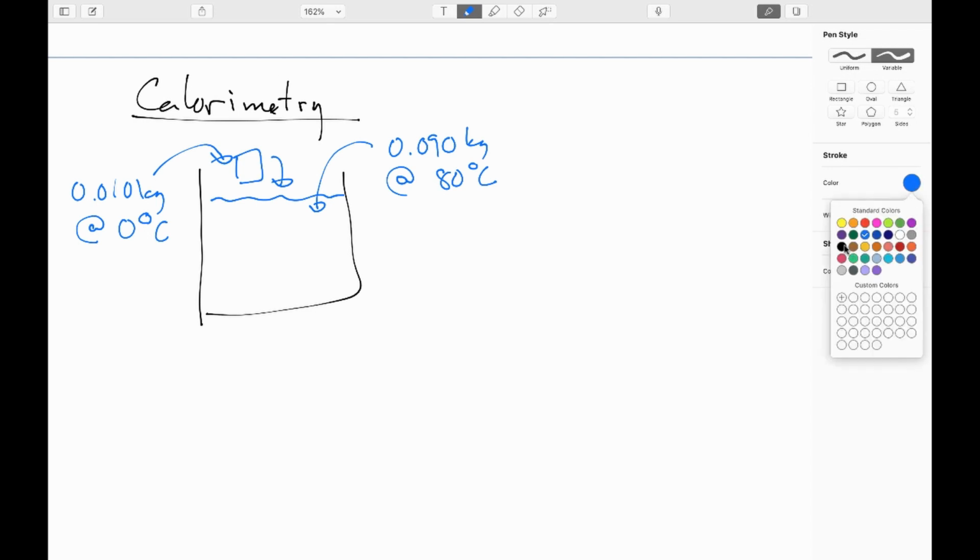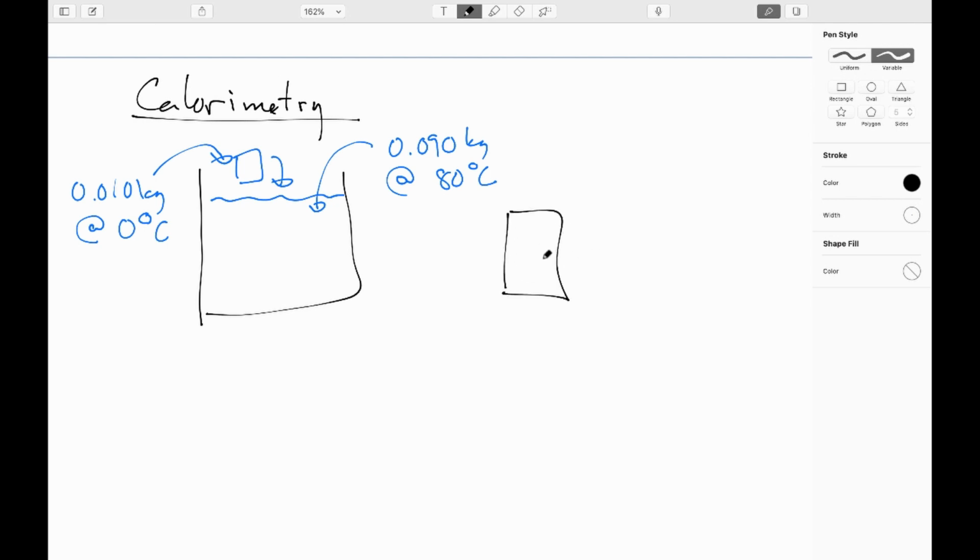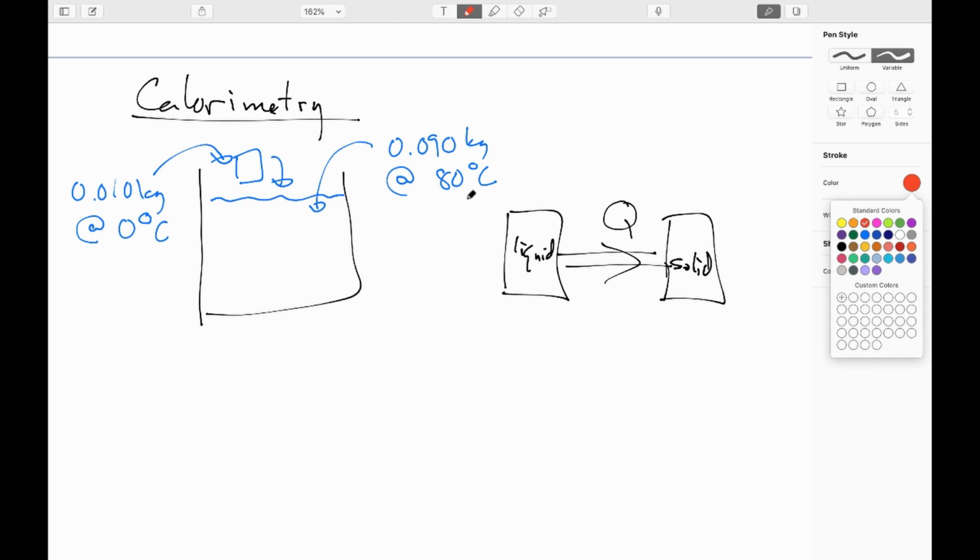So my strategy for this is to start with a heat transfer diagram. This will be the liquid water we have initially, and this will be the solid water we have initially. And we're going to transfer the heat in like so.